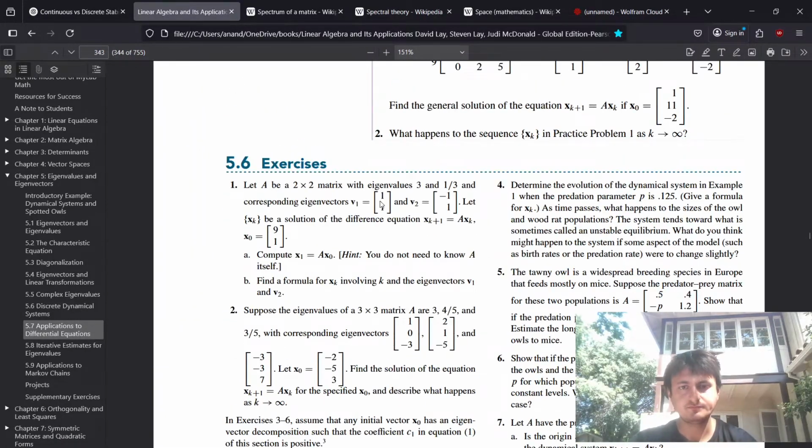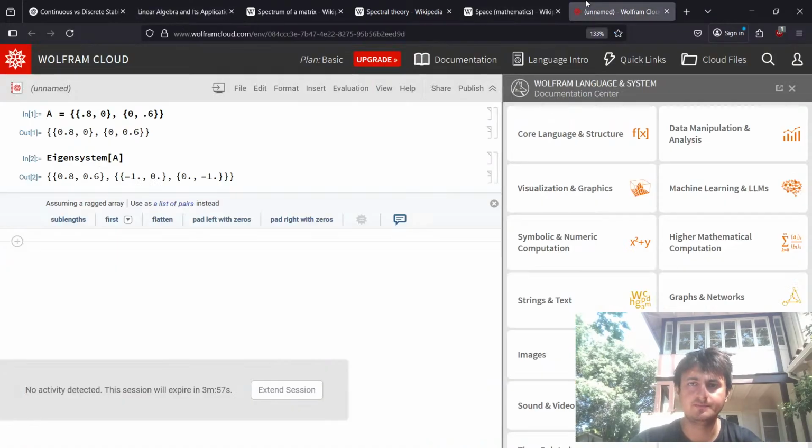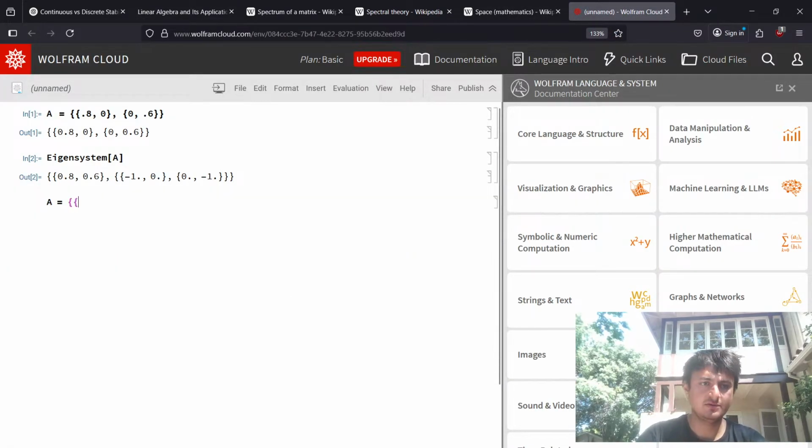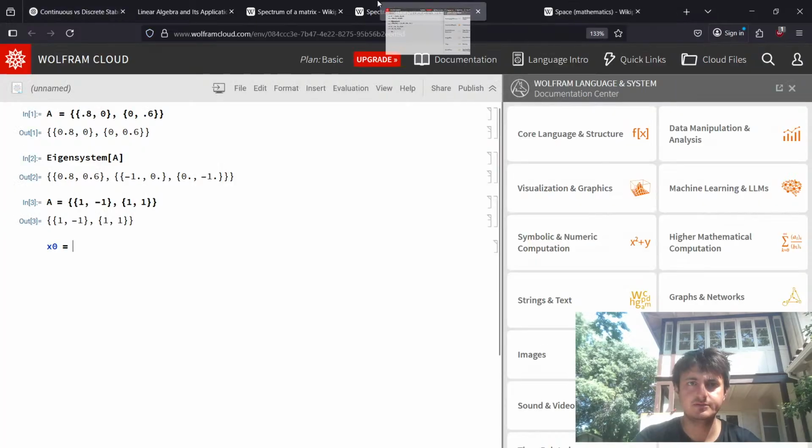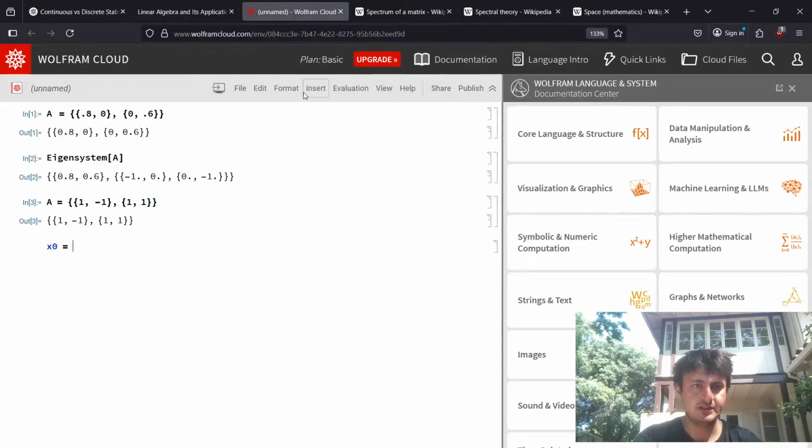All right, A is equal to 1, minus 1, 1, 1. Okay, and then we have x0 is equal to 9, 1, right? Let's do this. 9, 1. Okay, that's cool.